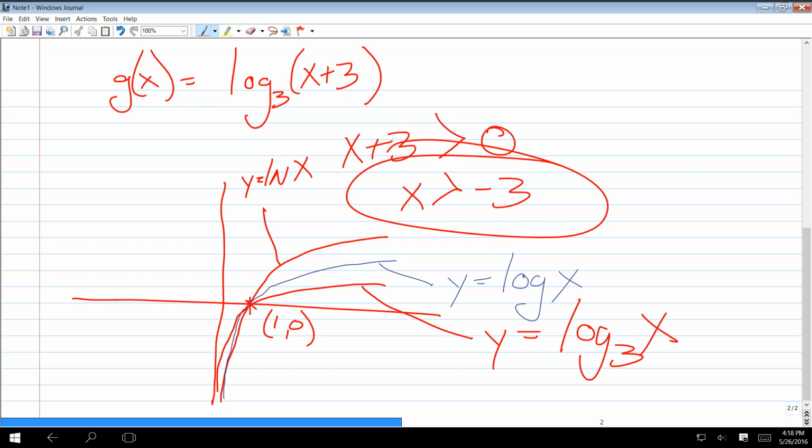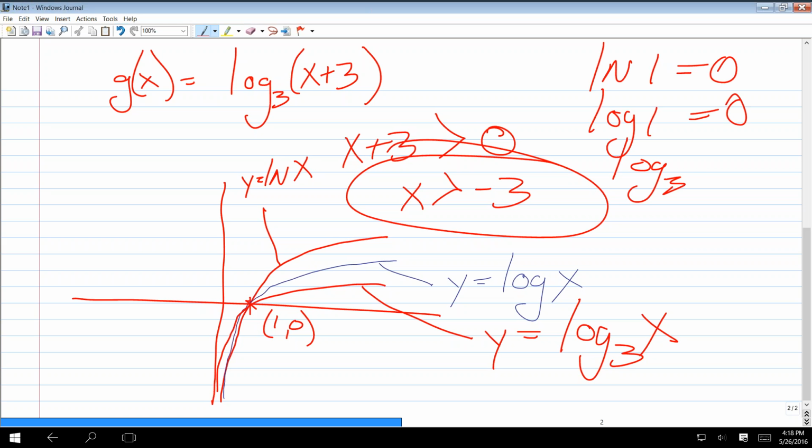Every one of these functions goes through this point, 1, 0. In other words, the log of 1 is 0. The natural log of 1 is 0. The common log of 1 is 0. The log base 3 of 1 is 0. All of those are true.